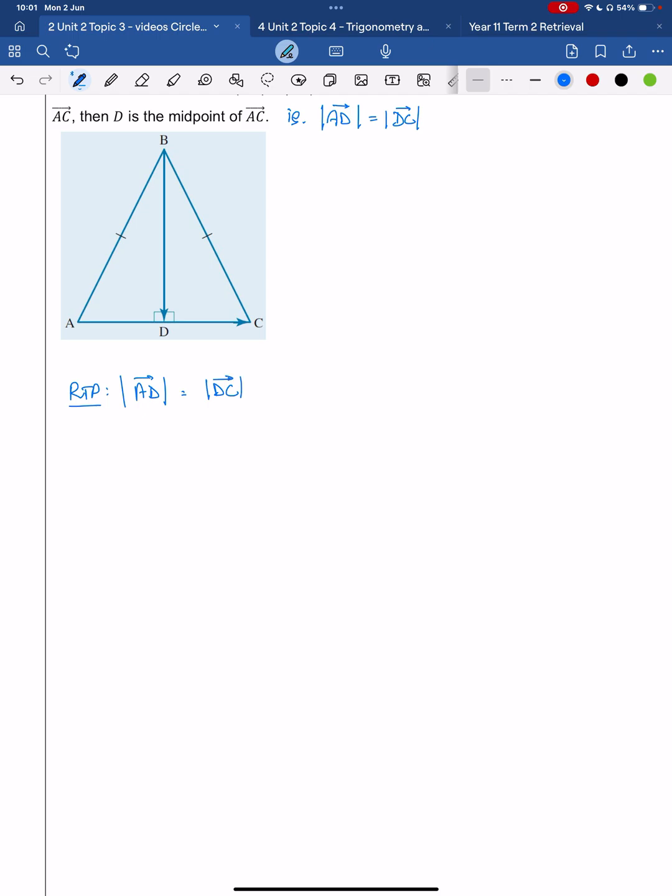And let's have a look at the two triangles separately. If we can show that we've got AD equal to DC that way, we can show that D is the midpoint. Okay, so let's have a look in triangle ABD.